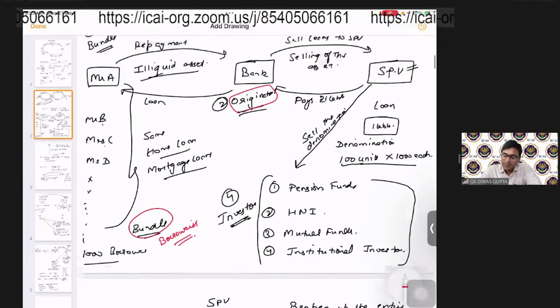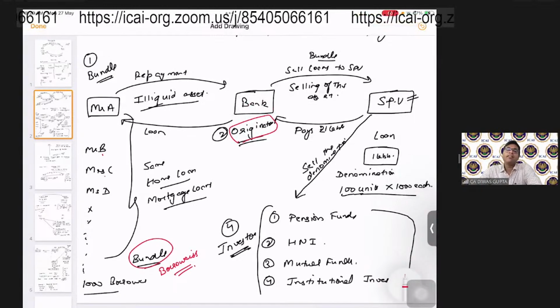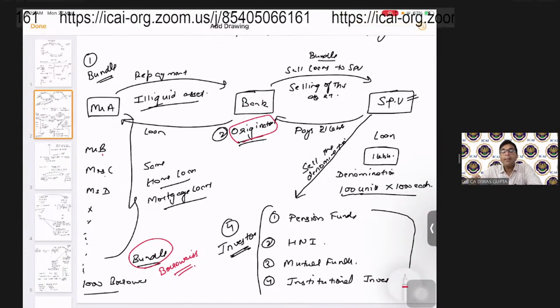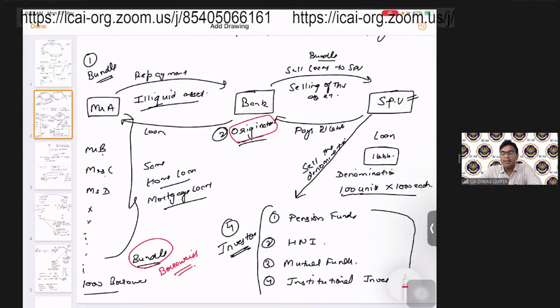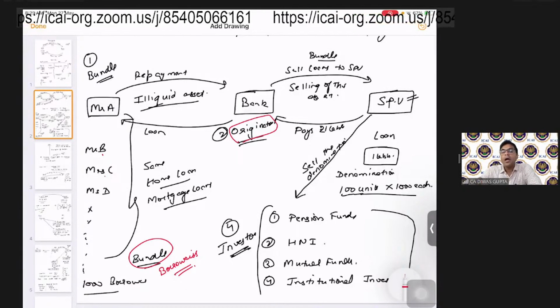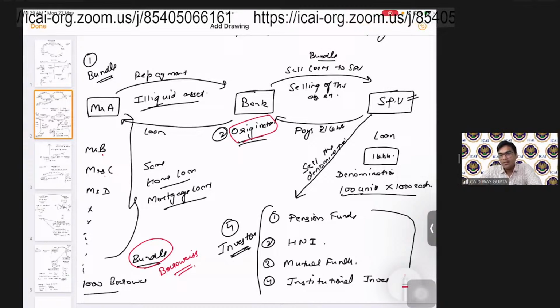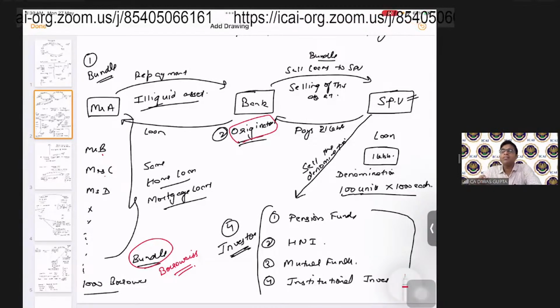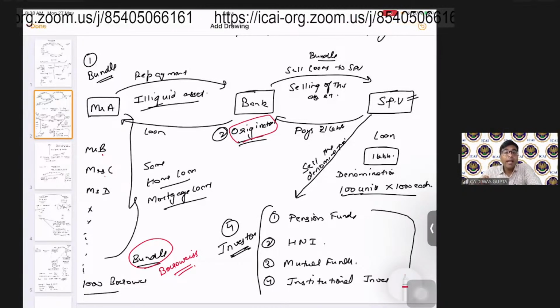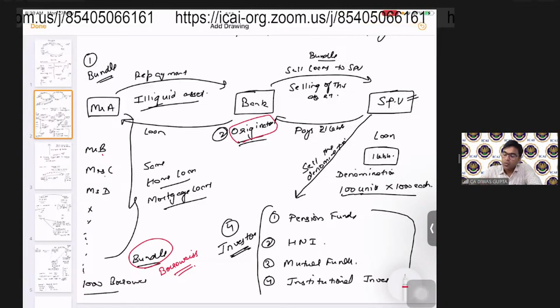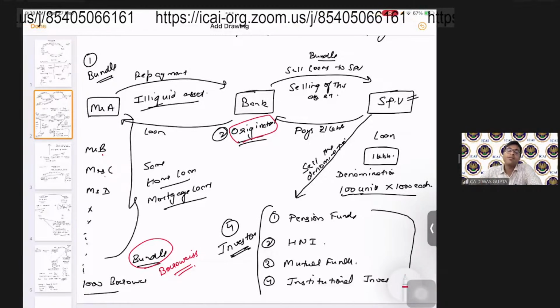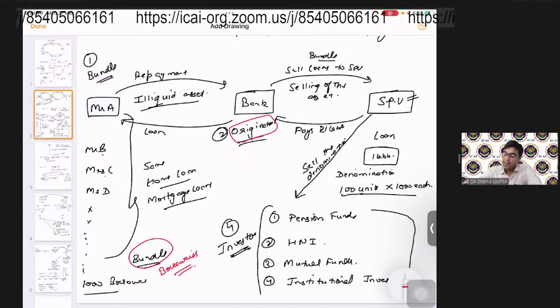And the way it is done is that all the loans that are given will be combined into a bundle and different categories will be made, right? And then they will be sold to SPVs. Now, what is an SPV? An SPV is a special purpose vehicle which can be in the form of a trust, which is enacted to take over these loans from the banks.